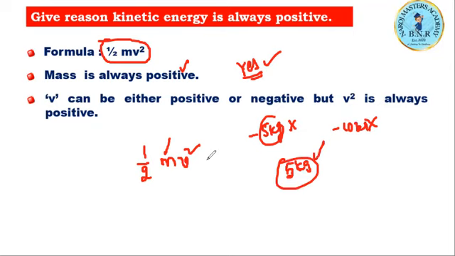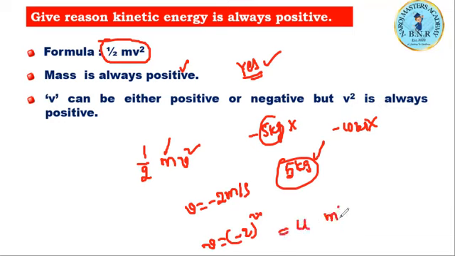So mass is always positive. For example, if velocity is negative, let me tell you, v is minus 2 meters per second. So v square is what? Minus 2 whole square. Minus into minus is plus, then what you will get? 4. So is it positive or negative? Positive. So then what we can say?